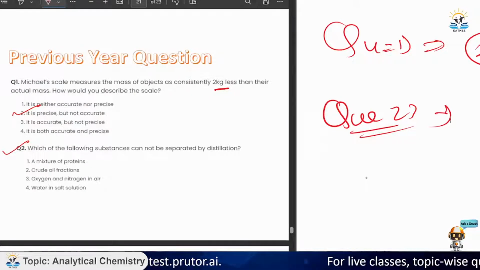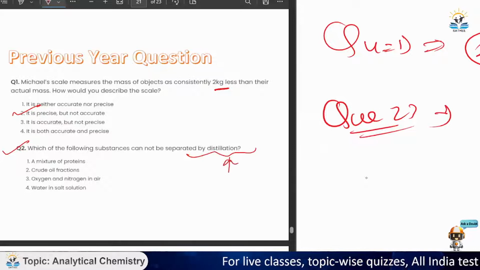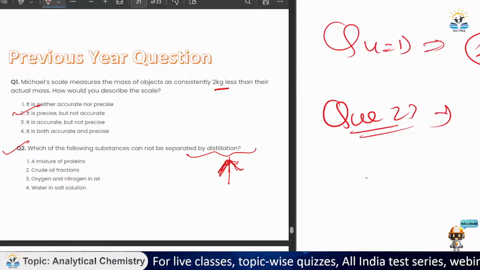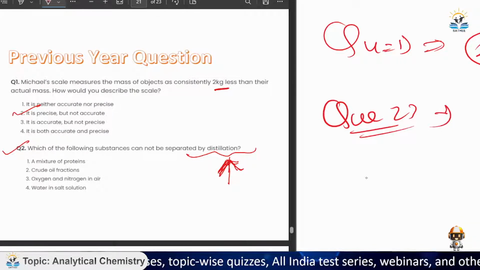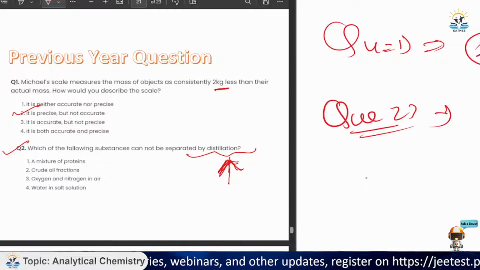Now, which of the following substances cannot be separated by distillation? You all know what the question is asking about. Distillation process, you have learned fractional, simple, all that. Now, a mixture of proteins, crude oil fractions, oxygen and nitrogen in air, and water in salt solution. So which is not possible? The answer to that question is a mixture of proteins cannot be separated.